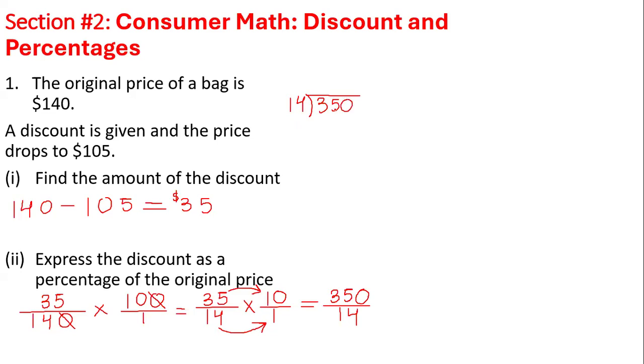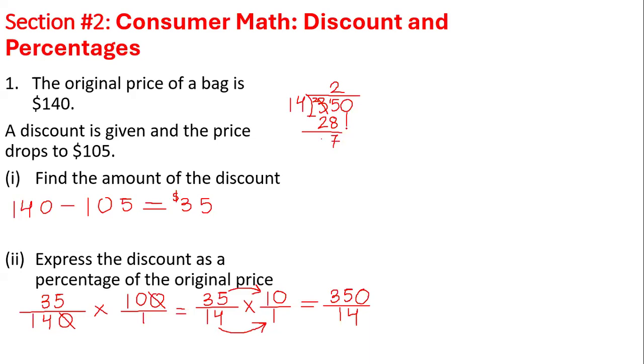How many times does 14 go into 35? 2 times. 14 times 2 is 28. 5 minus 8, we can't do that, so it's 15 minus 8, which is 7.